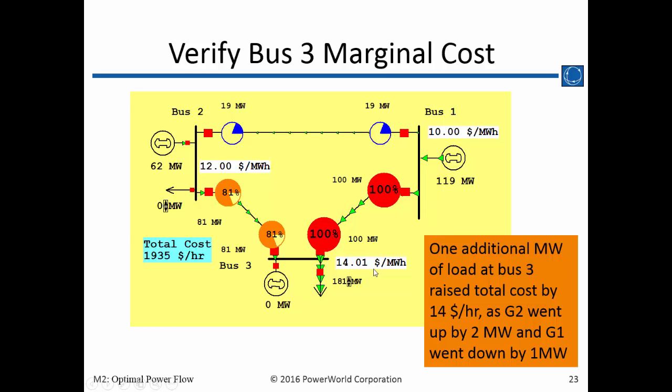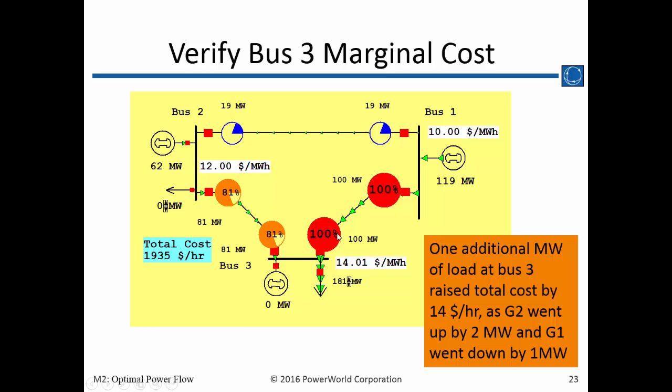Now at bus 3, the reason why the marginal cost is 14 is because it's actually a composite of two marginal units in the system, the one at bus 1 and the one at bus 2. The least expensive way to get 1 more megawatt to the load at bus 3 is to increase the output of the generator at bus 2 by 2 megawatts and to decrease the output of the generator at bus 1 by 1 megawatt.